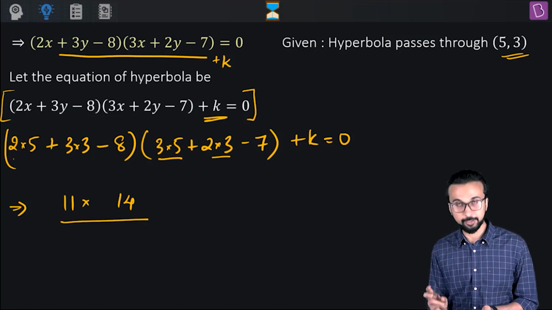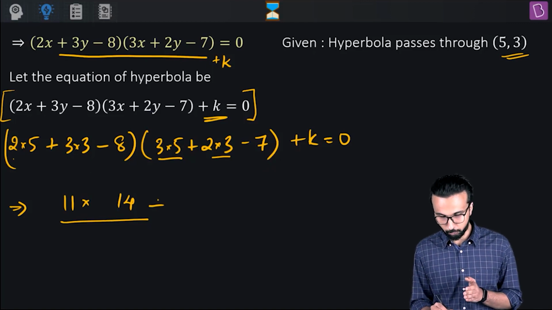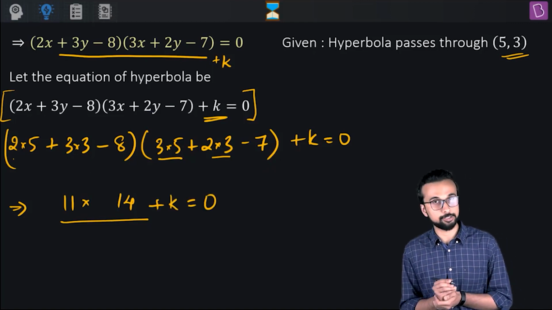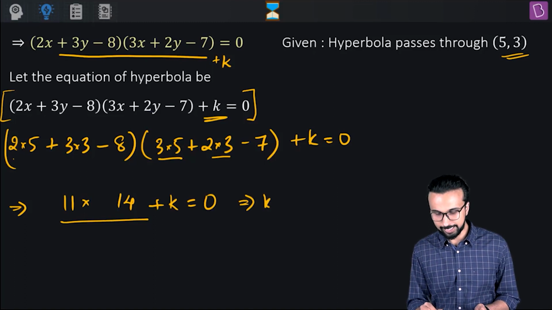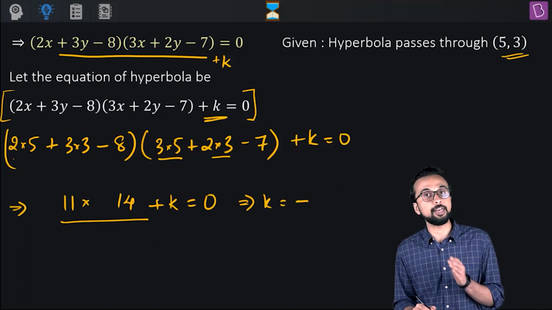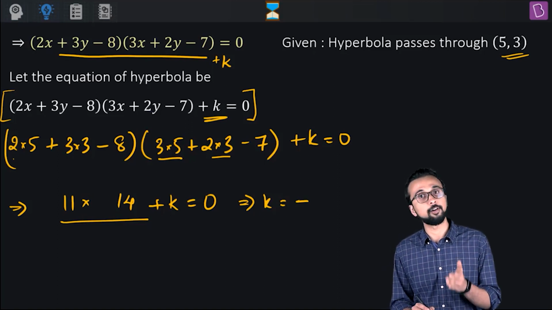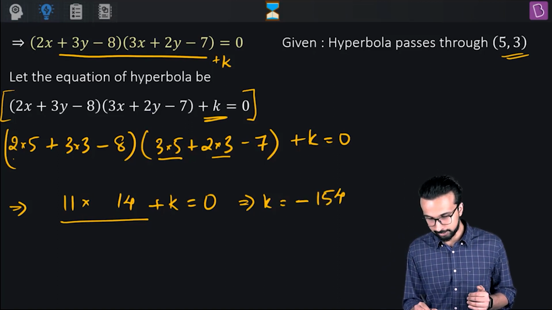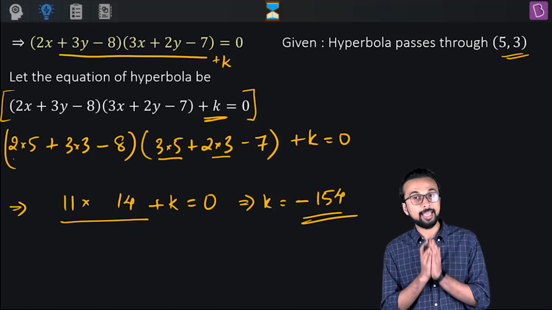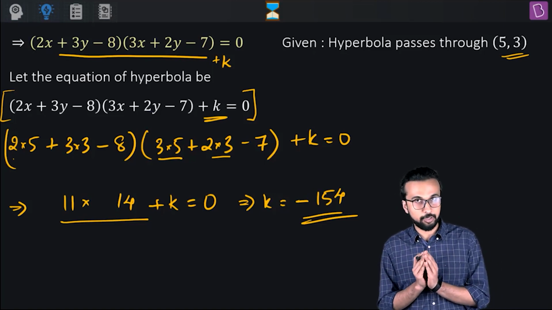Is this much clear? So 11 into 14 plus k equal to 0. From here I can conclude that k is minus 11 into 14. What's 11 into 14? That's 140 plus 14, which comes up to 154. So k is equal to minus 154.